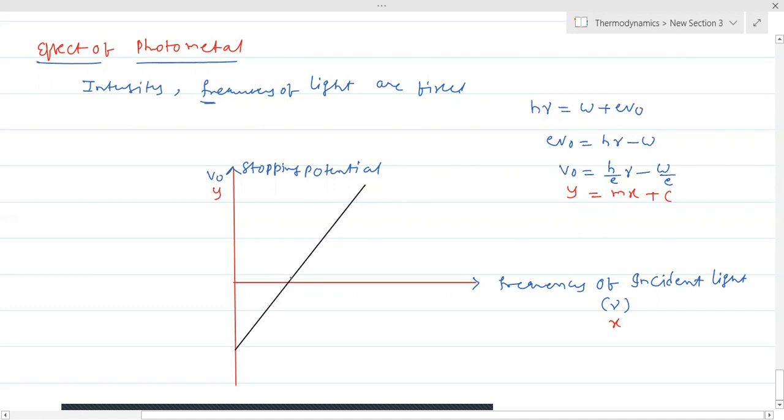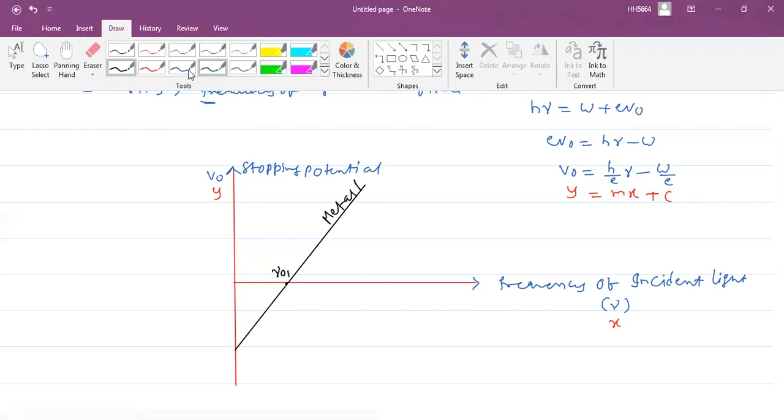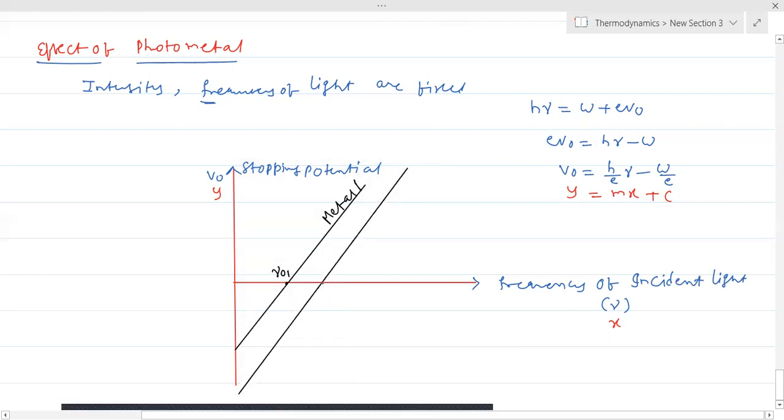So this is the graph and it has a particular threshold frequency, let us say nu01, and this is for metal 1. Next I am taking another straight line with somewhat of a difference, a different threshold frequency.